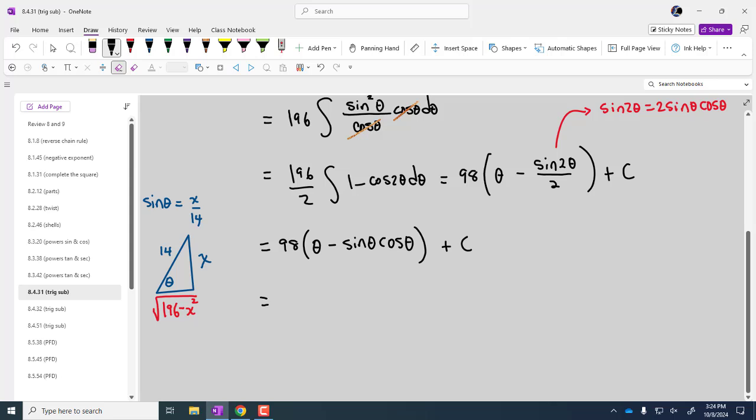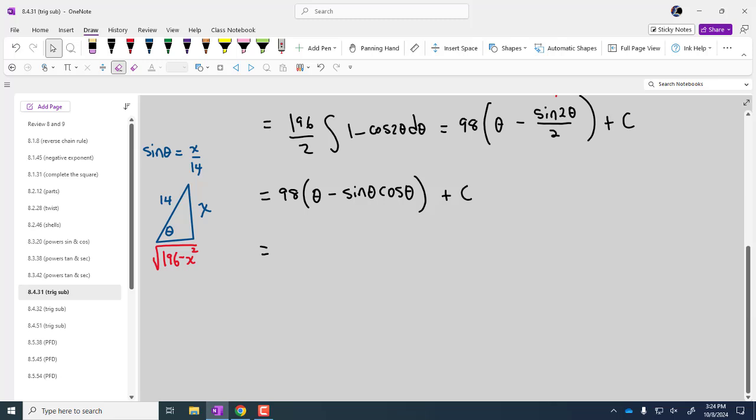We're going to see where everything is coming from. Theta, we come here, we take the inverse trig function of the constant. So that's going to be 98 multiplied by inverse sine of x divided by 14 minus sine of theta, which is x over 14.